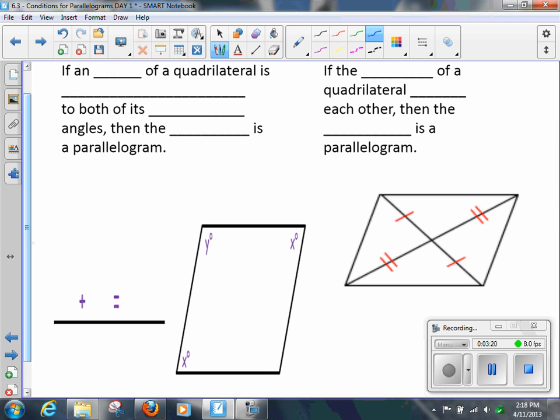If a blank of a quadrilateral is blank to both of its blank angles, then the blank is a parallelogram. If an angle of a quadrilateral is supplementary, what's supplementary mean? Equals 180.